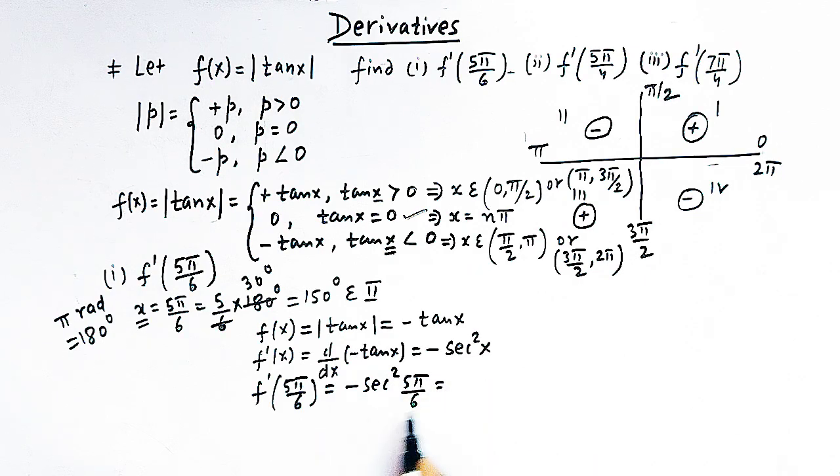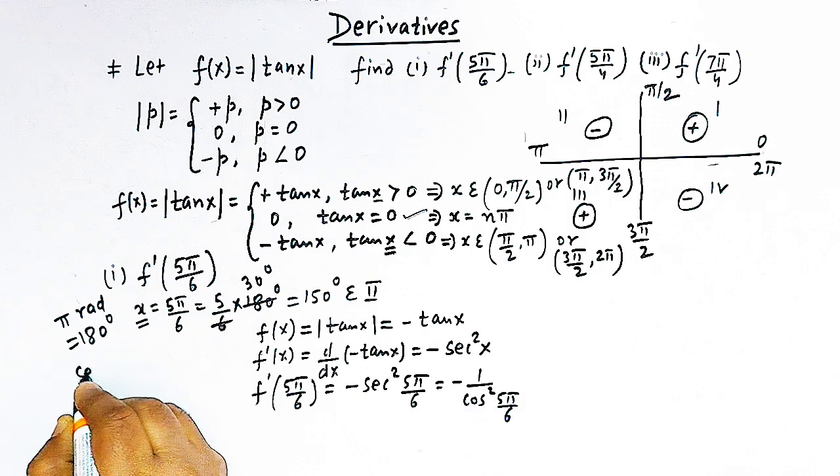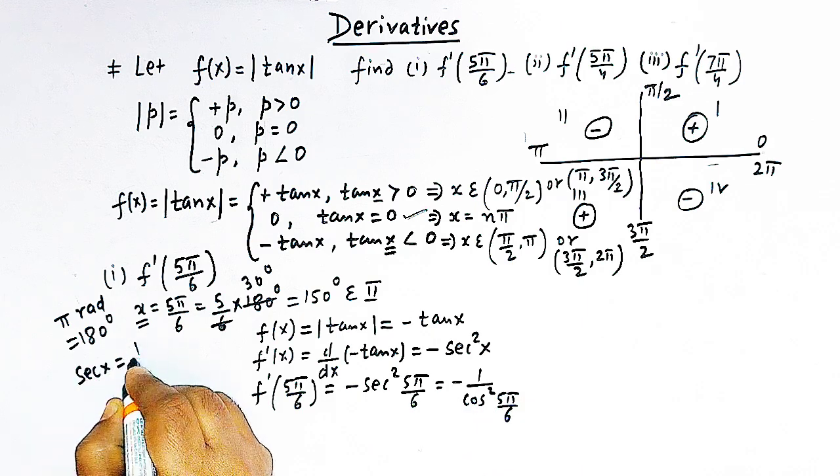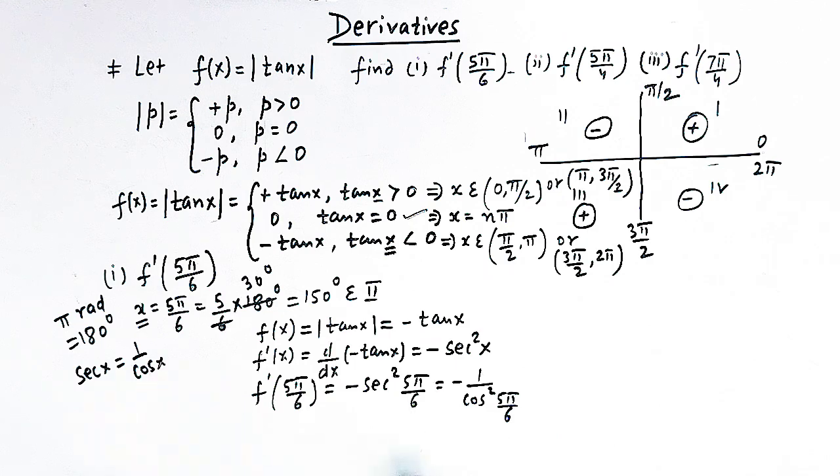So now we can calculate the value of secant square 5 pi by 6 by using some results from trigonometry. So we can now write it as 1 over cos square 5 pi by 6, because secant x is equal to 1 over cosine x. Now we can split this angle.